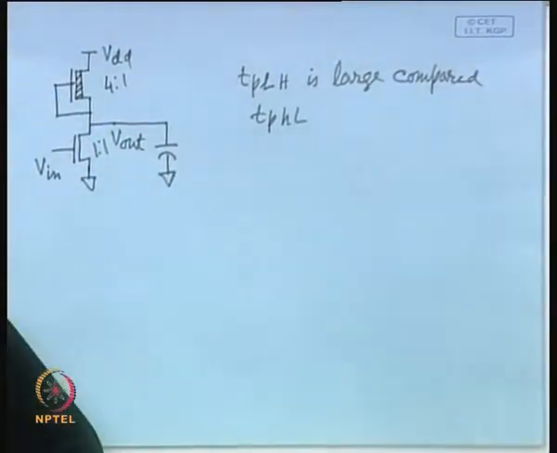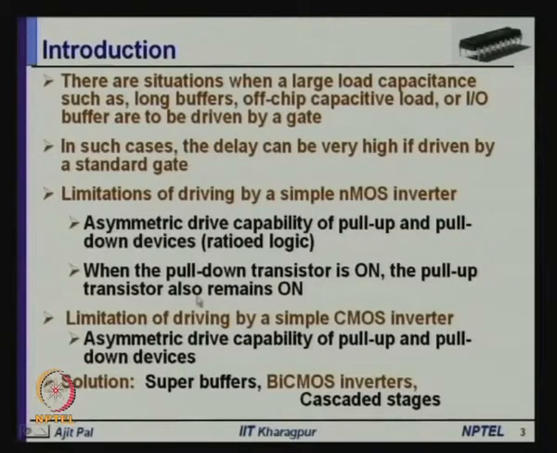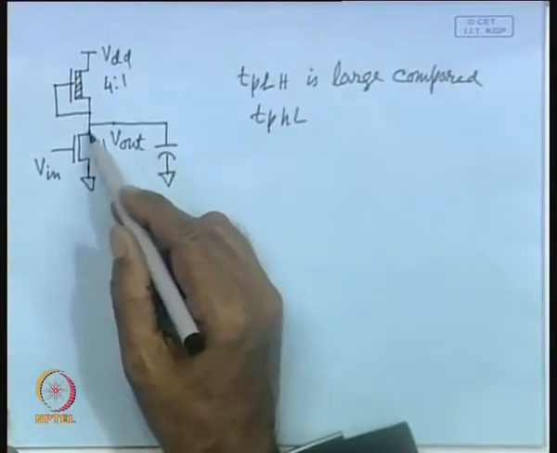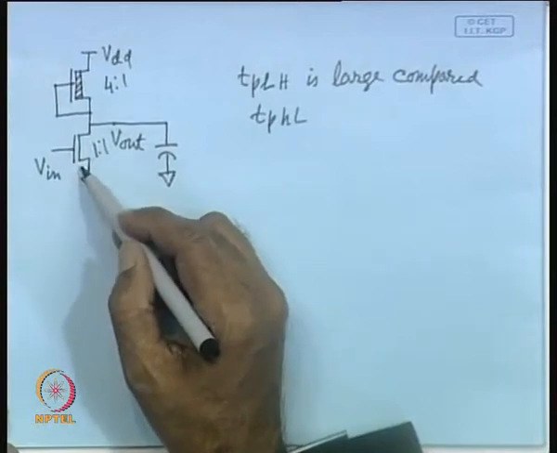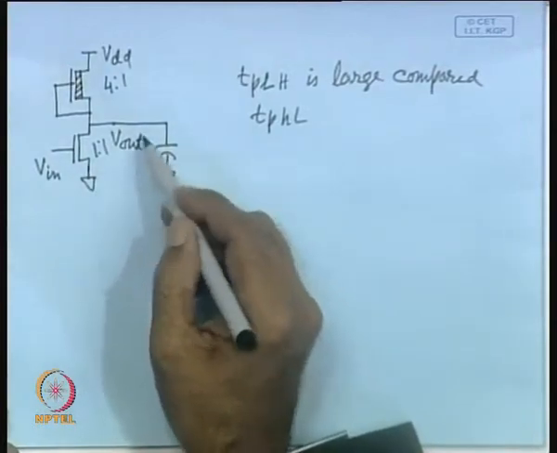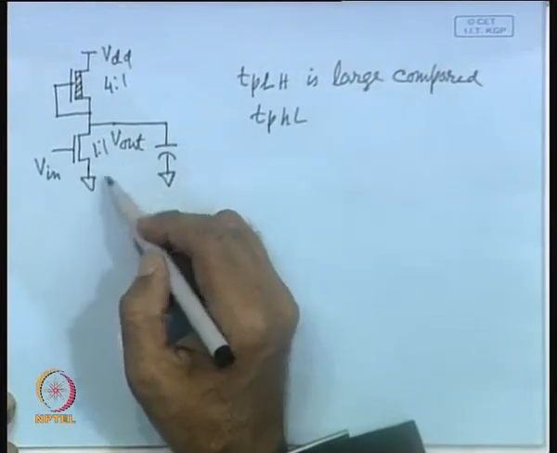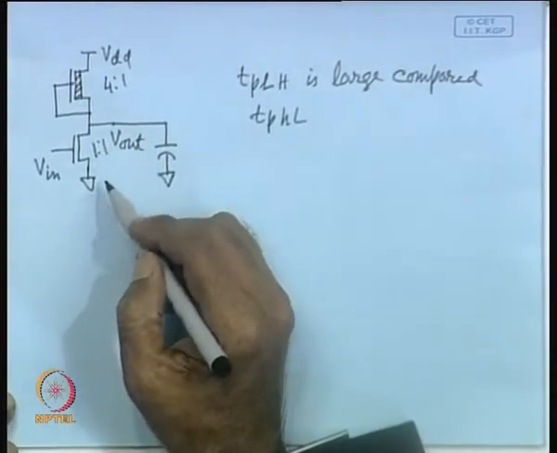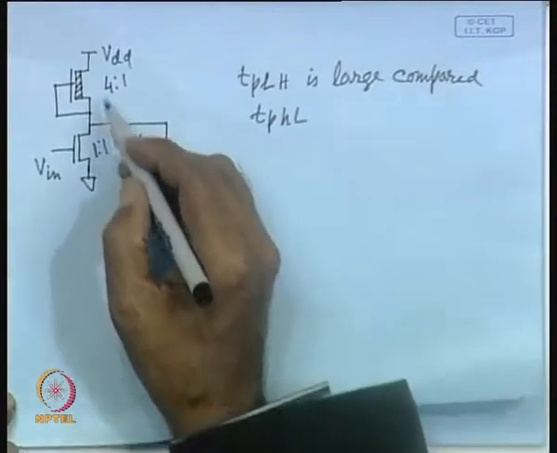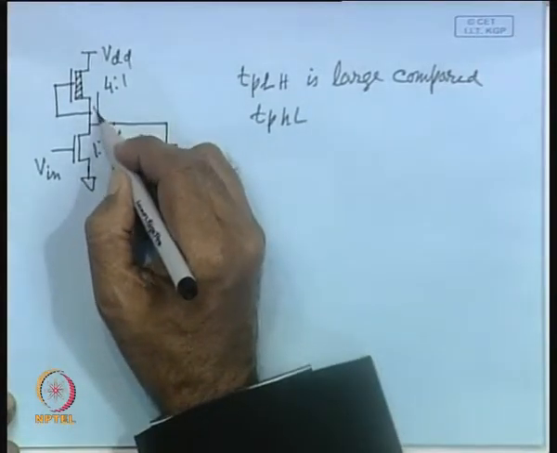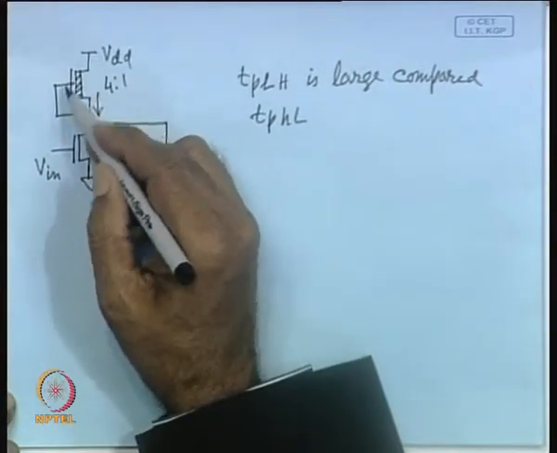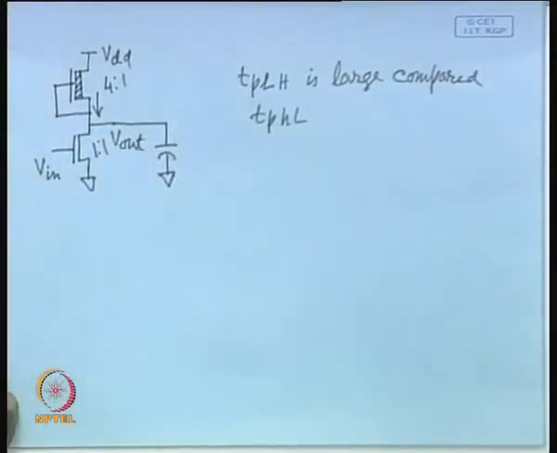What is the second problem? Second problem is when the pull down transistor is on, the pull up transistor also remains on. You see, normally the resistance of this device is small. So, the discharge time will be shorter, but unfortunately it has to fight two enemies. What are the two enemies? Number one is the current that is being supplied by this pull up device, because that transistor is always on.